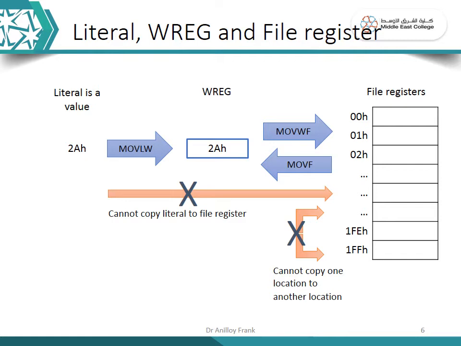The values of the W register can be copied to the file register using the instruction MOVWF. And to copy the value from a file register to the W register, we need to use the MOVF instruction. Values cannot be directly copied to the file register or from one file register to another.